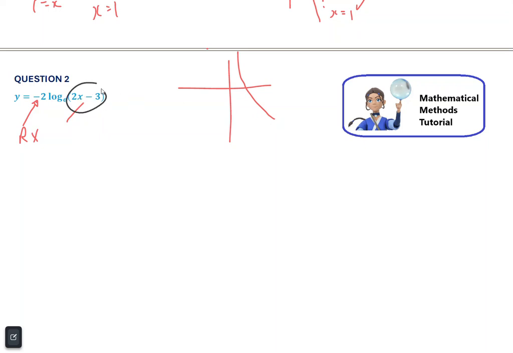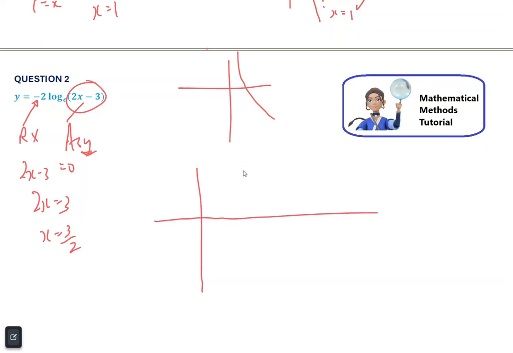Okay, so 2x minus 3 equals 0 will give you your asymptote. 2x equals 3, x equals 3 on 2. So at x equals 3 on 2, and we're going to shoot somehow like this. So I might put my graph in like this.